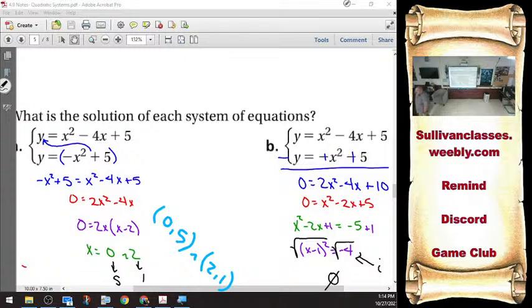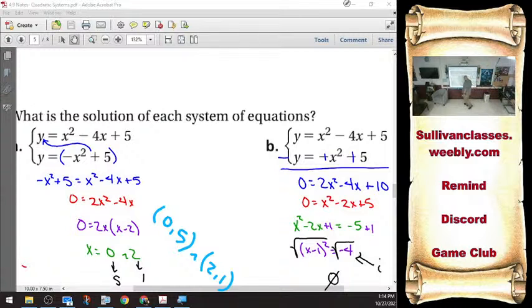As soon as I hit square root of a negative 4, the solutions for this thing are 1 plus or minus 2i. How can I graph 1 plus 2i as an x-coordinate on a real coordinate plane? So, no solution.